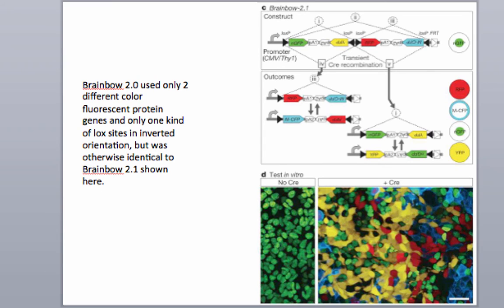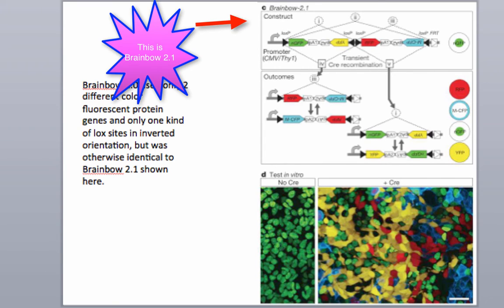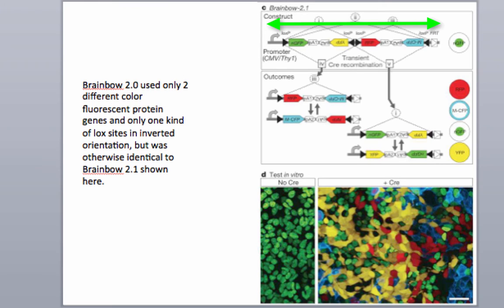Now in Brainbow 2.1 shown here, there were 4 different fluorescent protein genes. The green was closest to the promoter, then yellow, then red, then blue. And a single kind of lox site was used, but there were 4 copies of it. So the leftmost copy and the rightmost copy are in inverted orientation, and the 2 middle copies are also in opposite orientation.